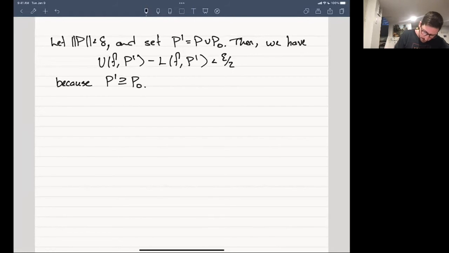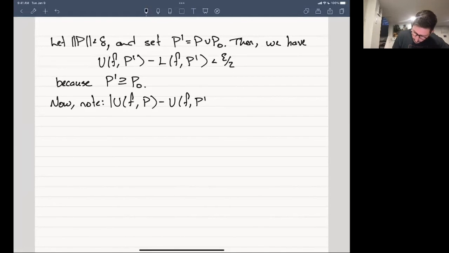So now note, if I take the upper sum of f using P, and I subtract out the upper sum of f using P prime, I'd like to know how far away these two things can get from each other. So we want to know what these two things are bounded by.